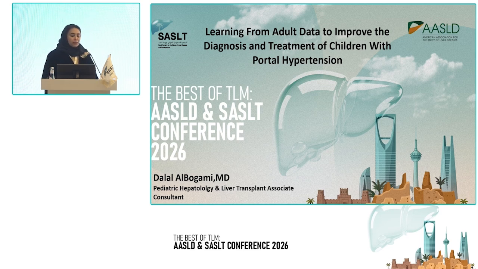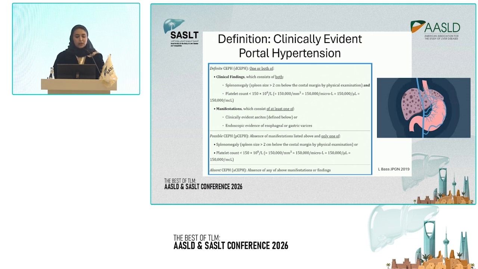Okay, so it's my honor to present today key lessons from adult data to improve the diagnosis and treatment of children with portal hypertension. Starting with the definition of clinically evident portal hypertension, it's classified into three types: definite, possible, and absent.